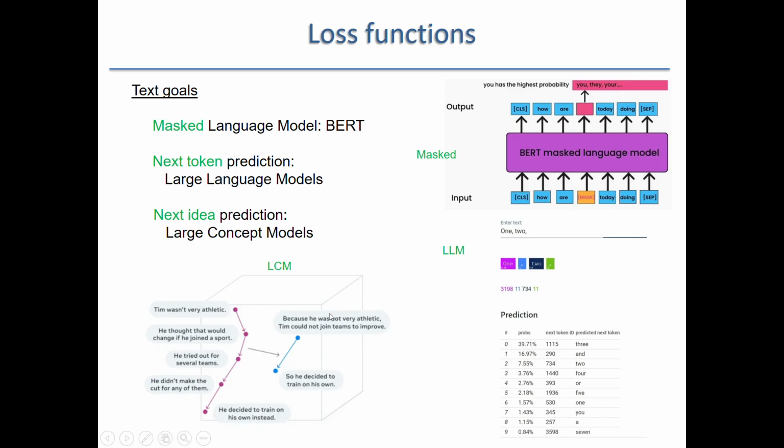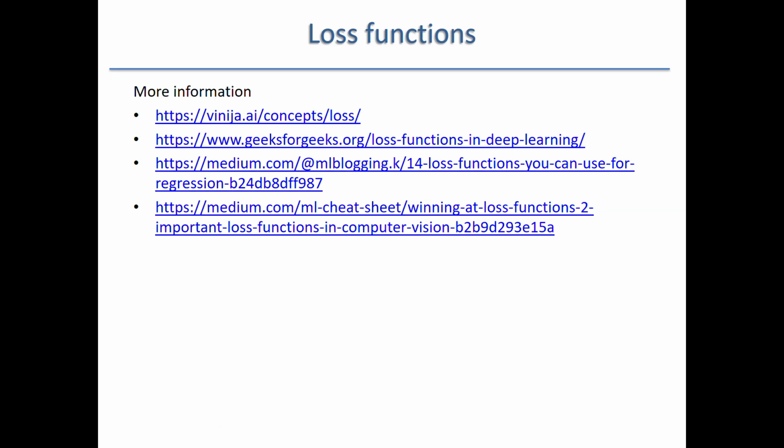So this idea of predicting the next thing, we can apply it with tokens, we can apply it with sentences, which is a very powerful idea. Here you have some links about loss functions, and that will be it for the loss functions.